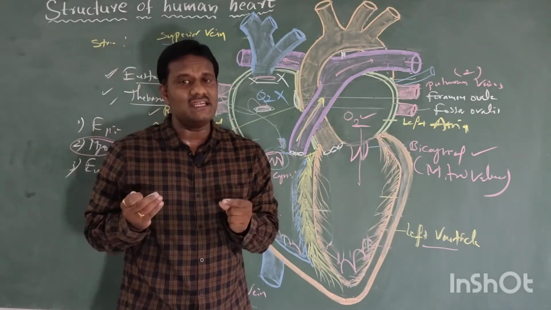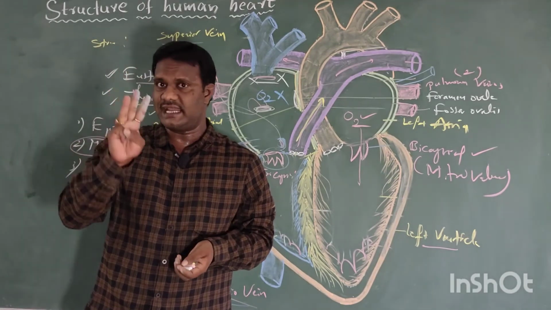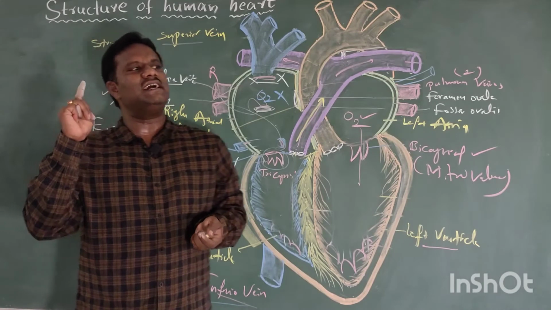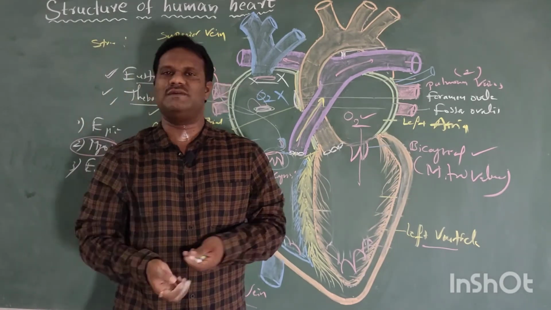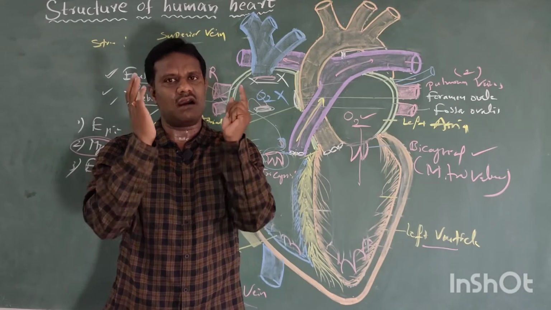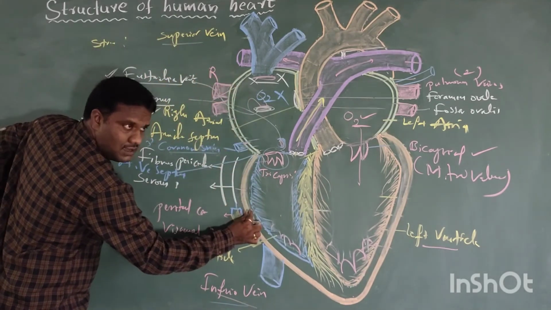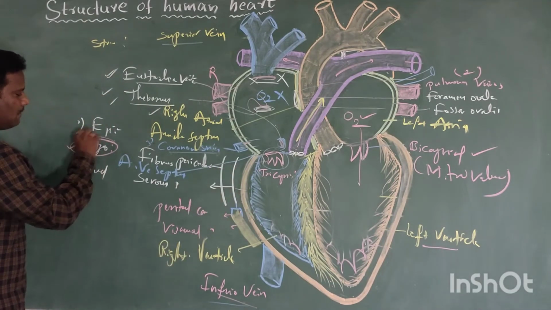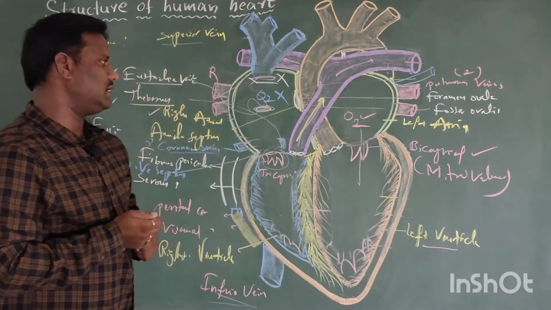We already studied this in first year: we have learned three types of muscles. One is striated muscle, the second is smooth muscle, and the third is cardiac muscle. The cardiac muscles are located in the heart layers, especially in the myogenic heart. That's why I call it a myogenic heart.